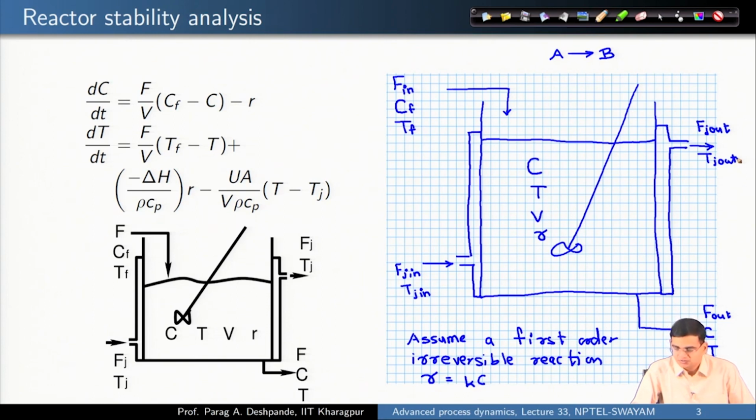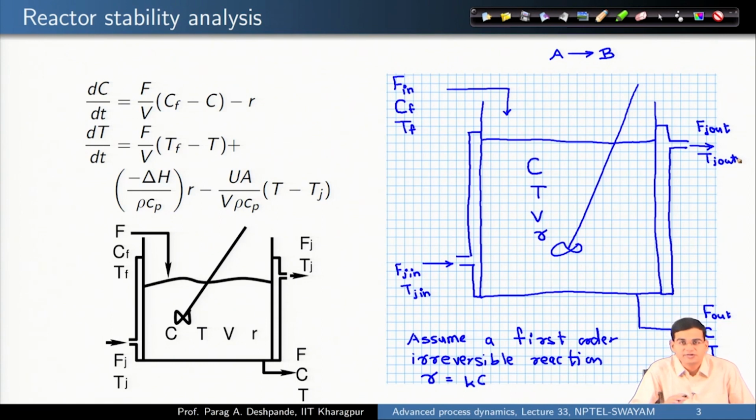Okay. So, the overall picture is this, that what you can see on the right hand side is that there is an irreversible first order reaction A going to B, which is taking place in a CSTR. The inlet flow rate is F in, volumetric flow rate. The concentration of the species A in the feed is Cf, it comes at temperature Tf, f stands for feed. There is a well mixed system inside the reactor.